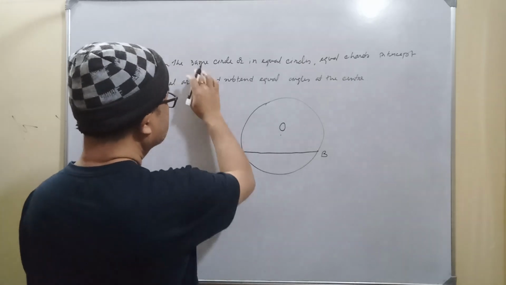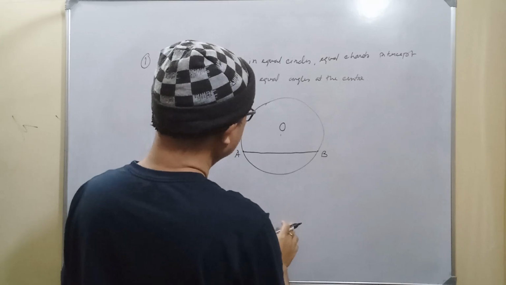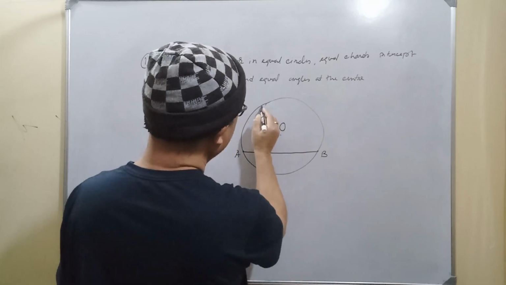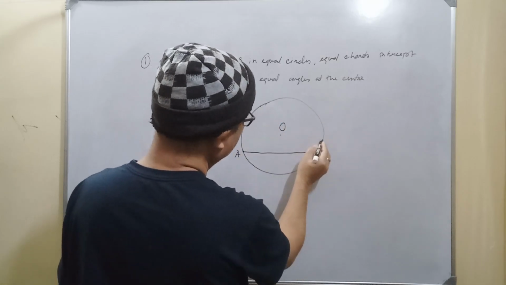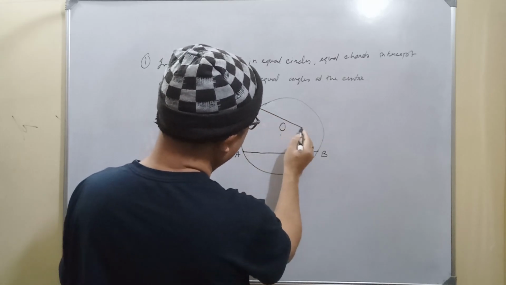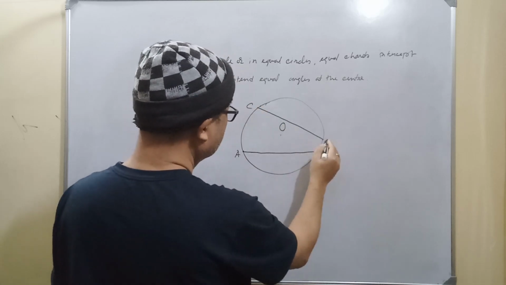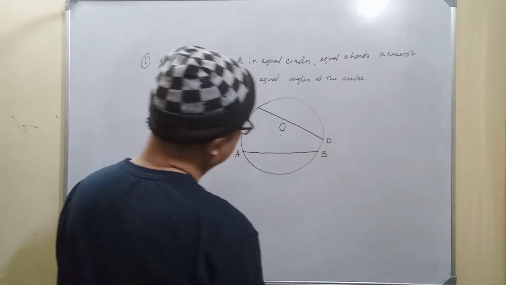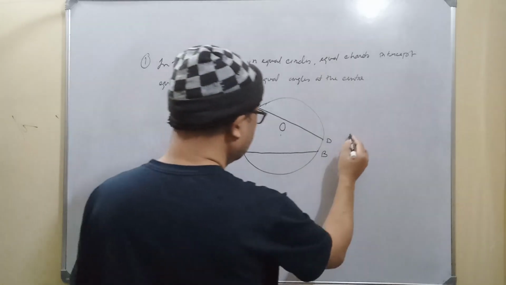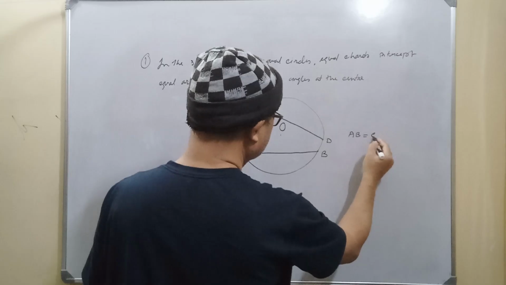and it says in the same circle equal chords. Suppose we draw another chord CD, and AB is equal to CD.